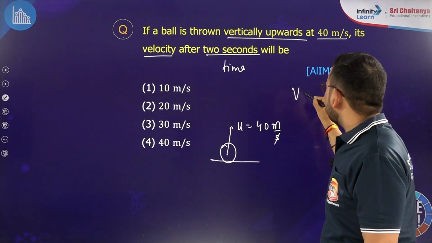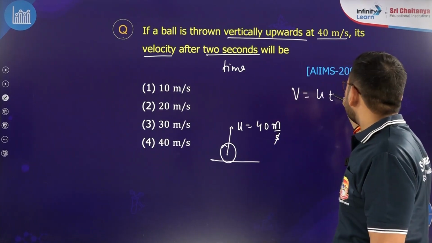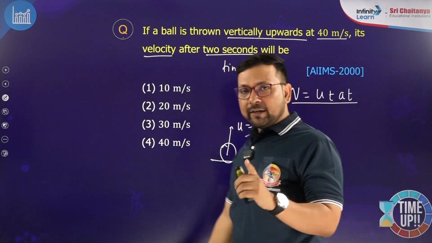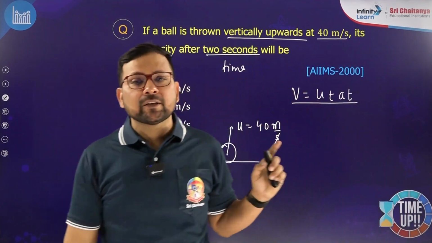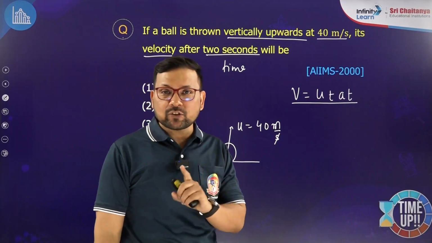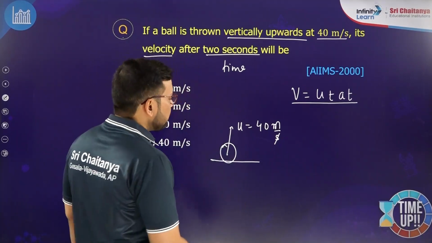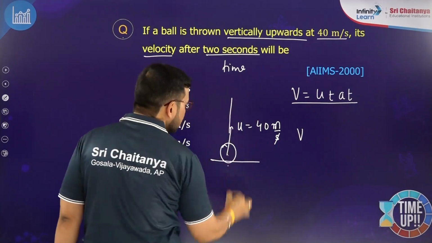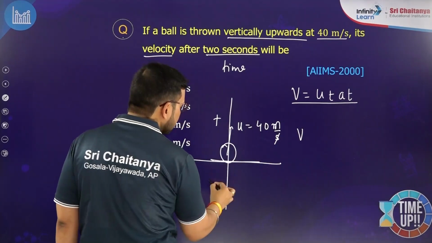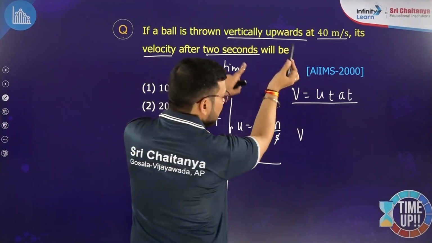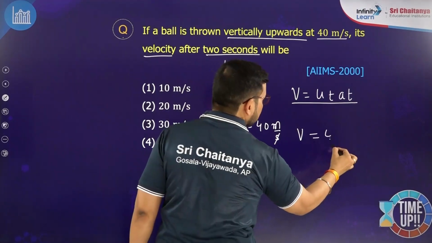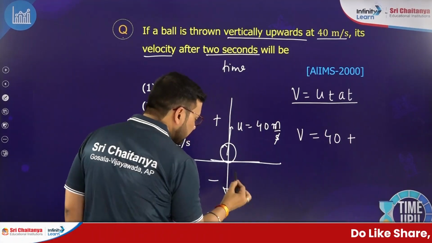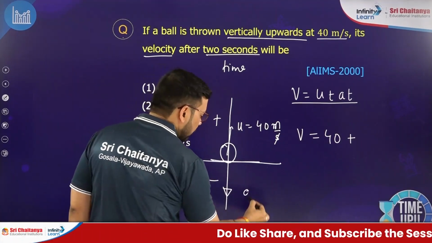Velocity after 2 seconds, Vt relation, V equal to U plus At. And immediately after writing the equation, sign convention has to be taken care of. The question is asking for V, unknown, so write V as it is. Conventional axis: this is positive Y, this is negative Y. U is going up, plus 40, plus A. A in motion under gravity is a known quantity, that is downward g.